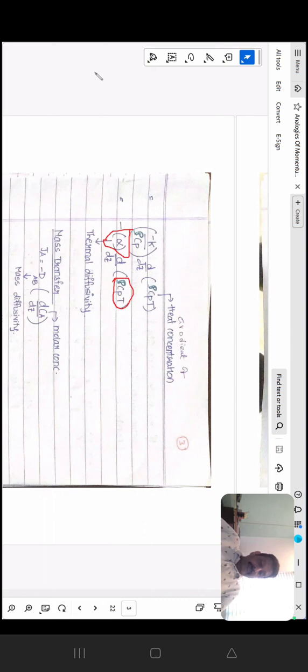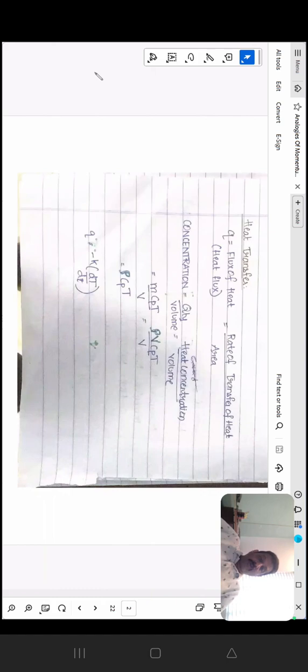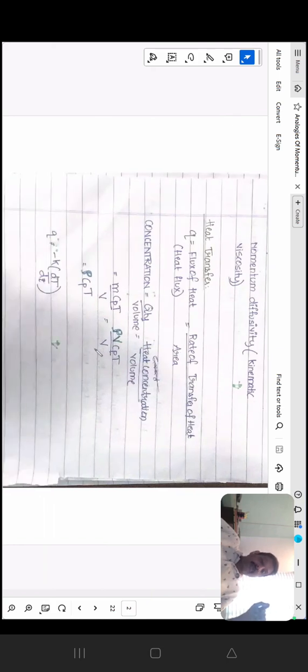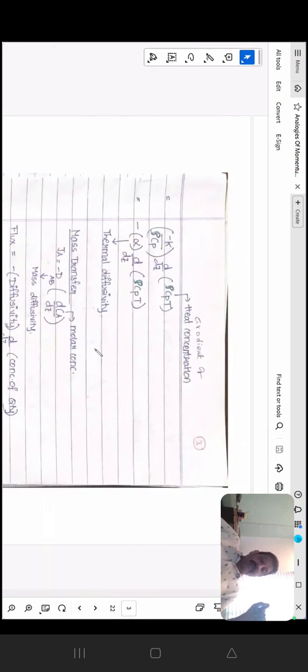So now Newton's law: tau is equal to minus mu, kinematic viscosity, into d rho v by dou z. Similarly, what does Fourier's law become? Heat flux Q is equal to minus alpha into d of rho Cp T by dz.